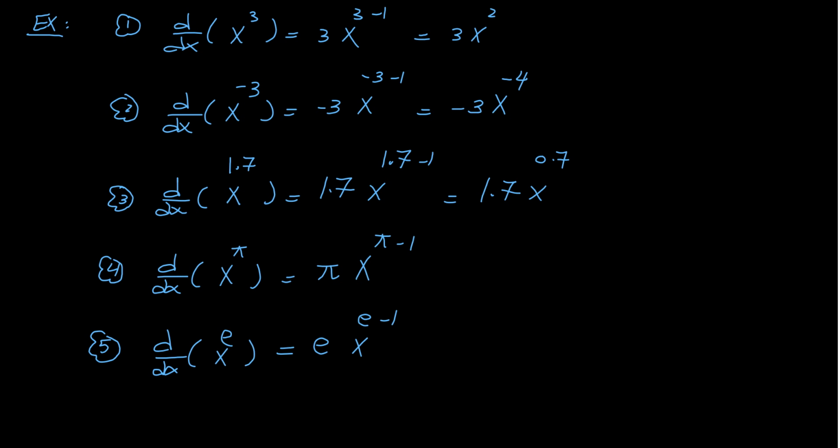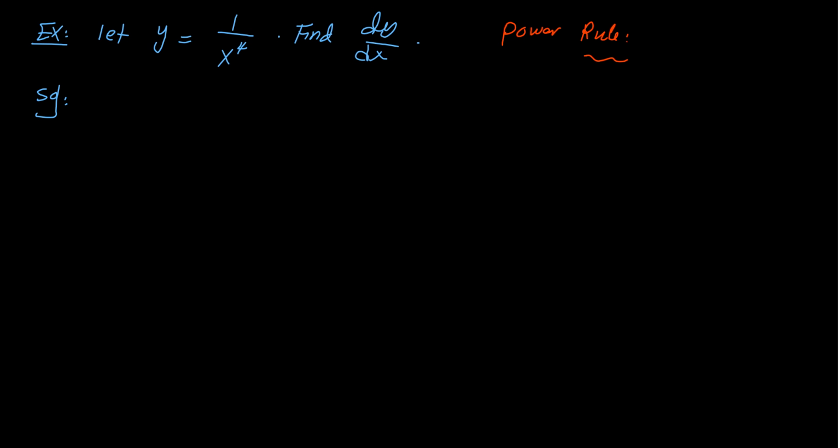Let's cover another example. Let y equals 1 over x to the power 4. Find dy over dx, the derivative of y. Let's recall the power rule. The power rule says the derivative of x to the power n is equal to n times x to the power n minus 1.